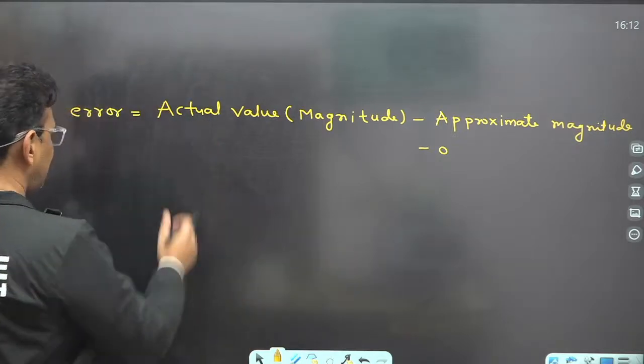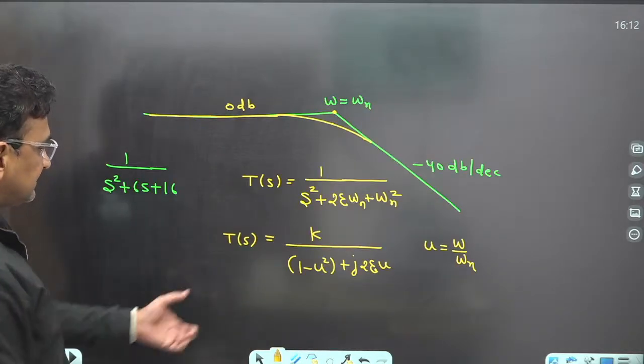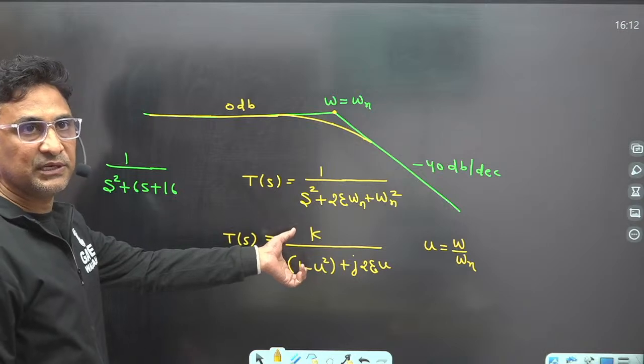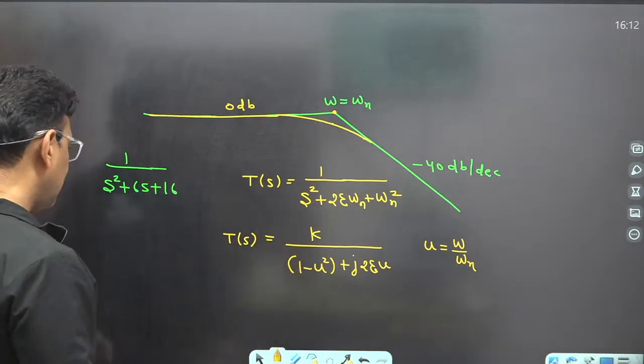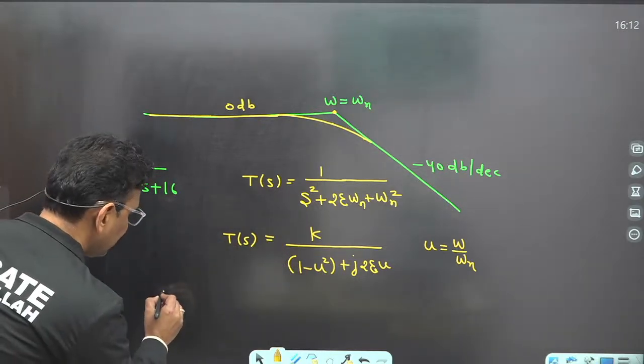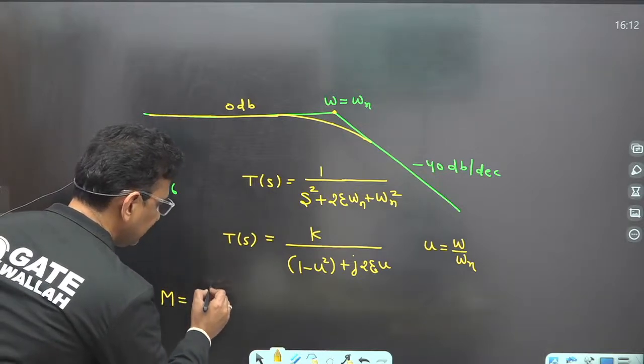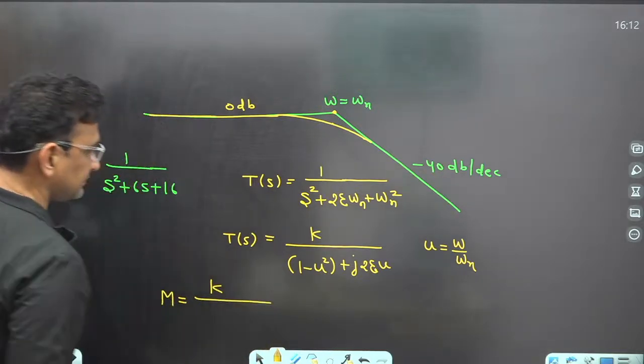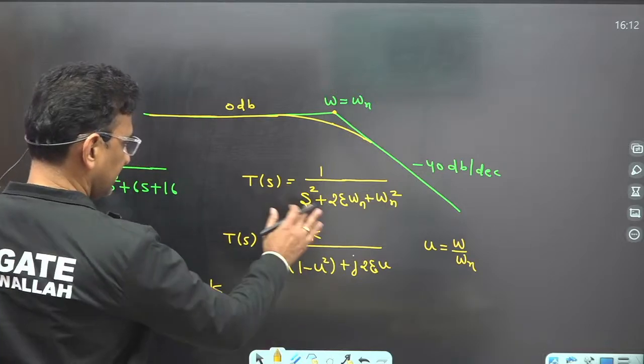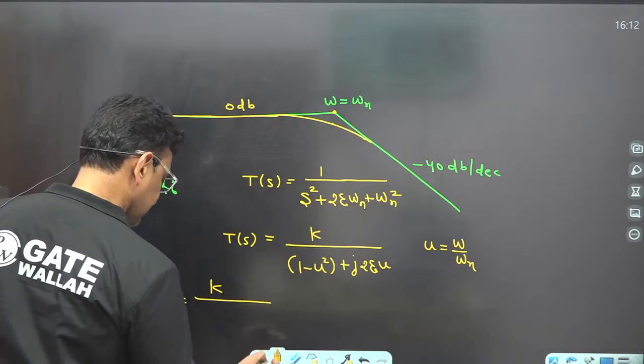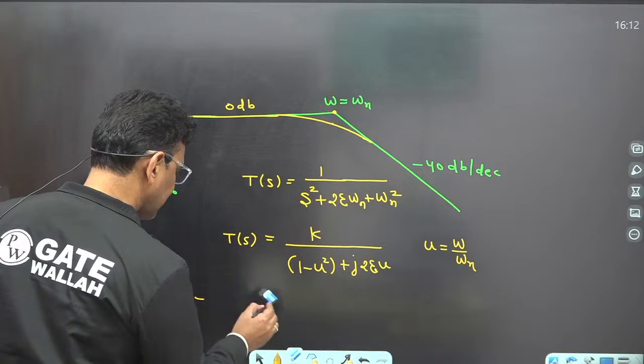So how to find out the actual value? This is the actual transfer function in the time constant form. If I find out the magnitude of this transfer function, it will be k upon the square root of real part square plus imaginary part square.